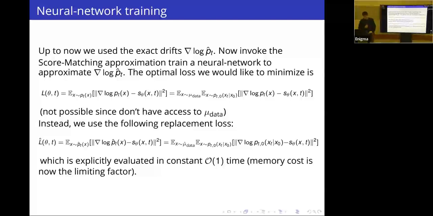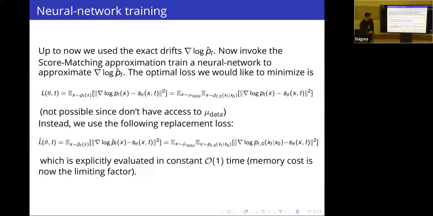We can't evaluate that because we don't have access to the data distribution p_t. So you can approximate that. And instead we use the following replacement loss with the empirical distribution substituted in. And the step going from the left-hand side to the right-hand side on the second equation is score matching.